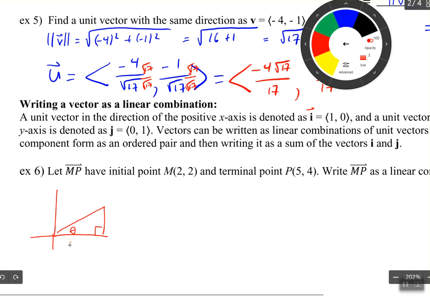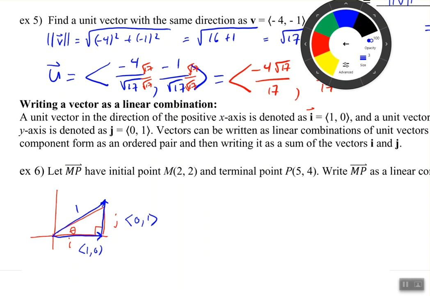And this is I, and this is j. So we've got a vector that comes out, and it is 1, 0. And we've got a vector going up, and it is 0, 1. And those two make up a magnitude of 1 vector. That's where I and j come from.